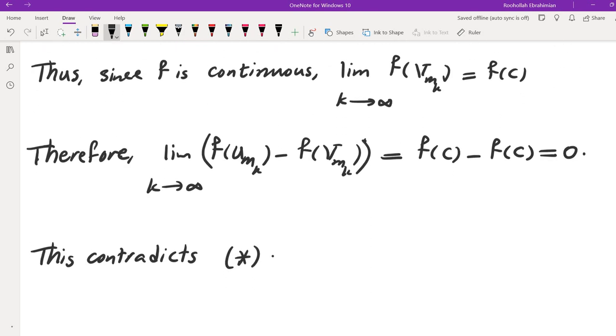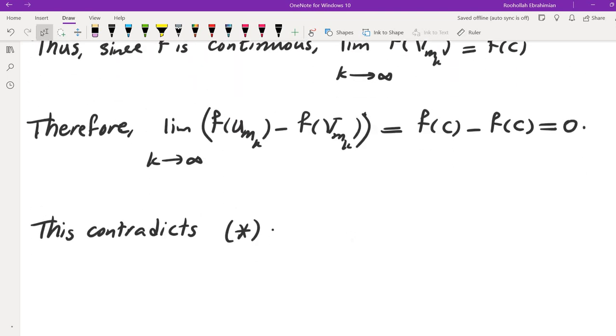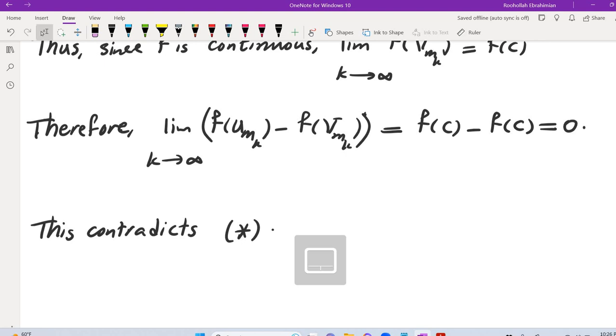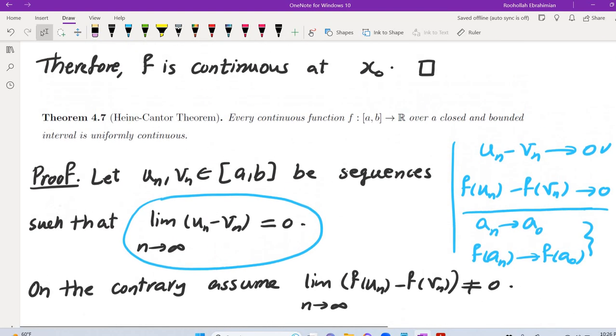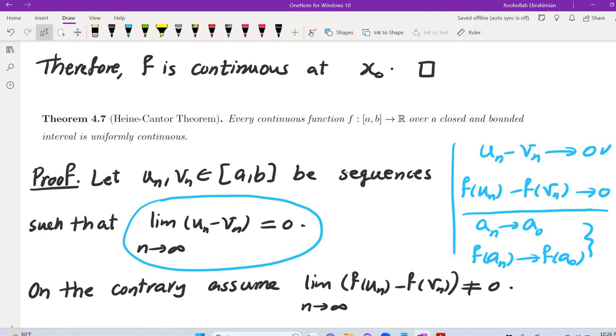But if it approaches 0, the difference cannot be away from 0. The difference cannot be more than a fixed epsilon. So here what we proved was the Heine-Cantor theorem, which is if a continuous function has a domain that is bounded and closed, then it would be uniformly continuous.